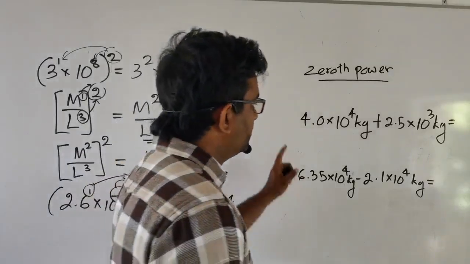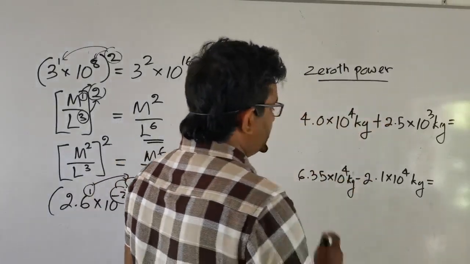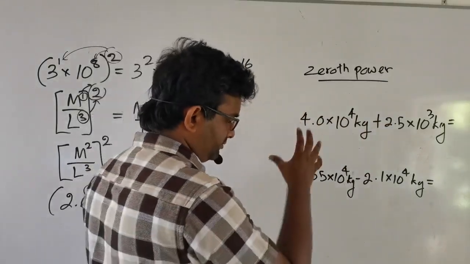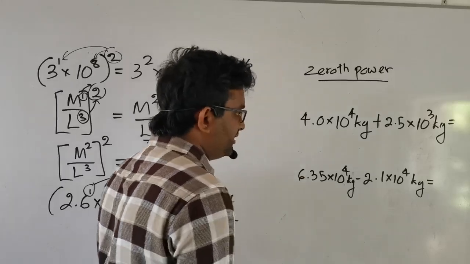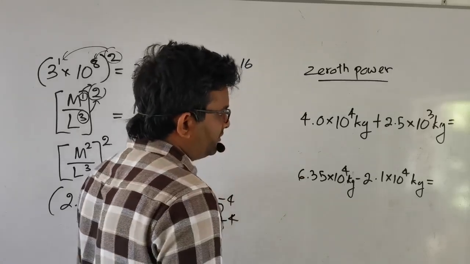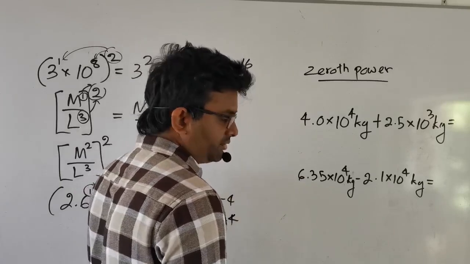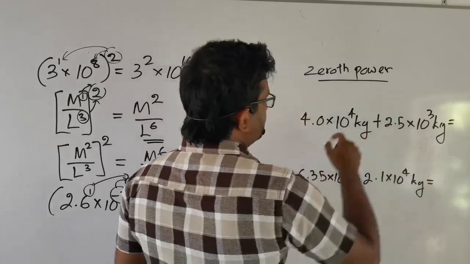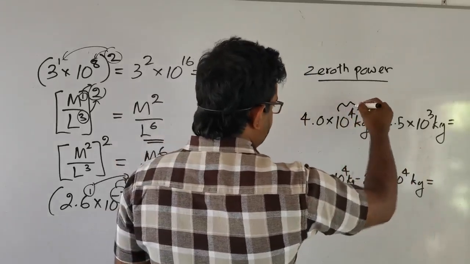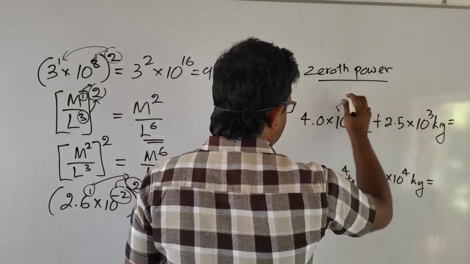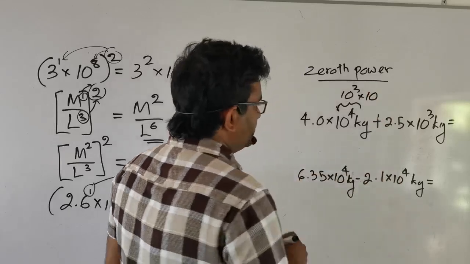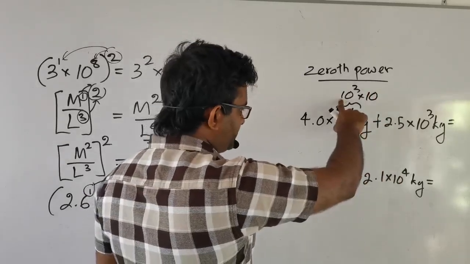Then here, this is something similar to the problem we discussed earlier. Here we have a common factor, right? 10 to the power 4 there, 10 to the power 3 there. So 10 to the power 4 means we can write 10 to the power 3 into 10, right? Then 10 to the power 3 is a common factor.